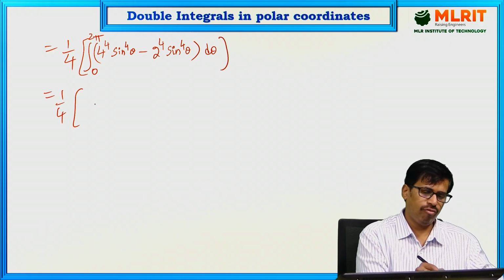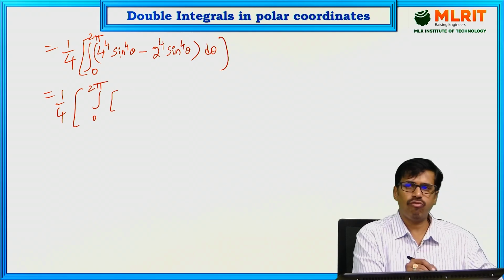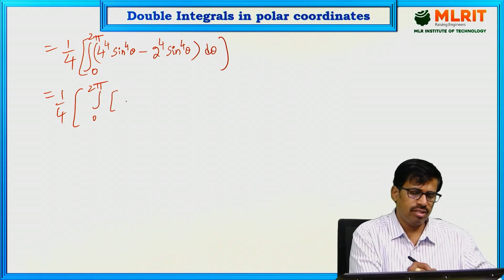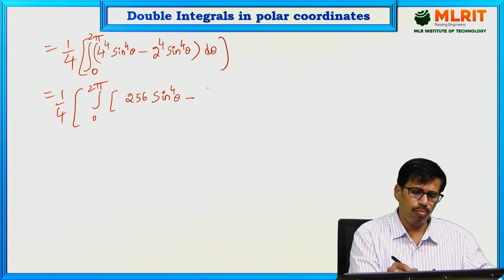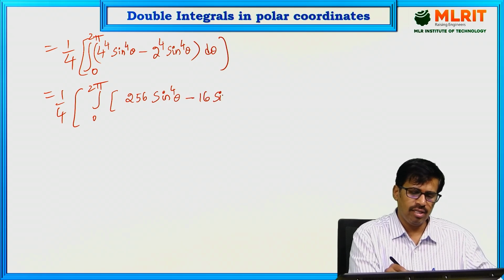So 1 by 4 into 0 to 2 pi. What is 4 power 4? 16 16s, 256. So 256 sin power 4 theta minus 2 power 4, which is 16, sin power 4 theta d theta.